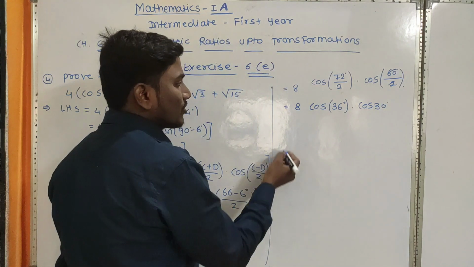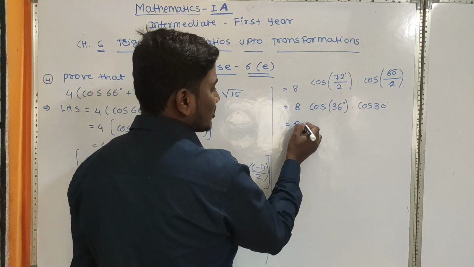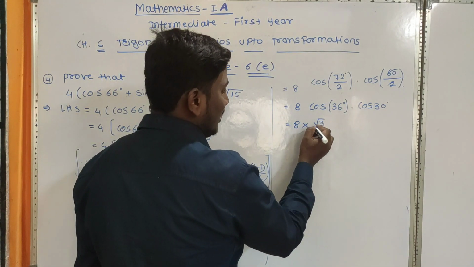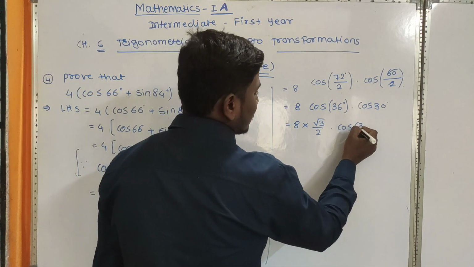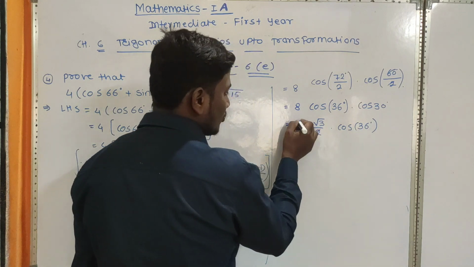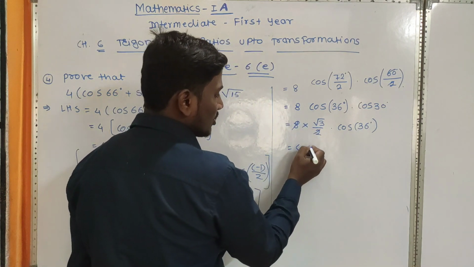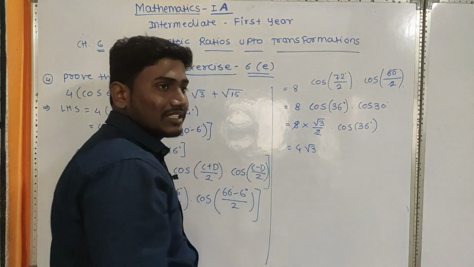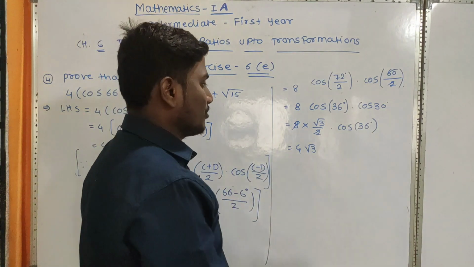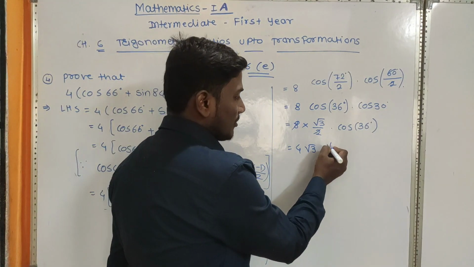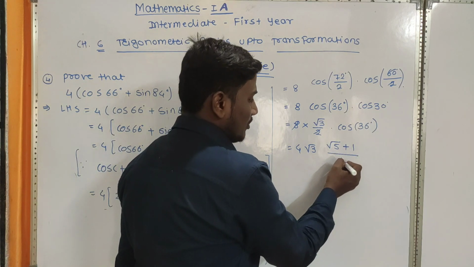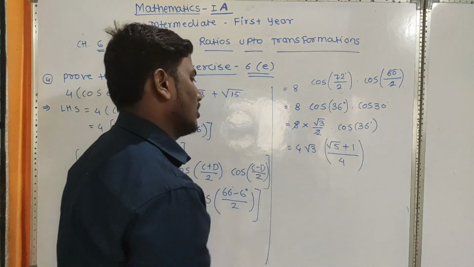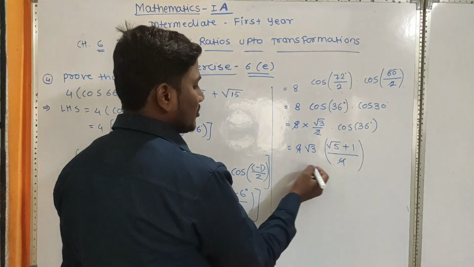So what is the value of cos 30? Cos 30 is root 3 by 2 into cos 36 degree. Now 2 ones are 2, this 4 root 3 into, we know that cos 36 degree we have proved in the previous examples, root 5 plus 1 divided by 4. So this 4 cancels. What is remaining?